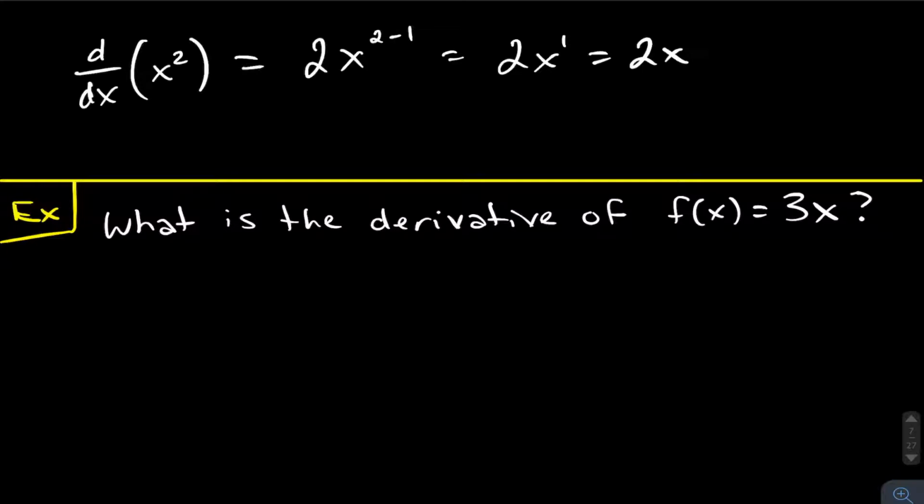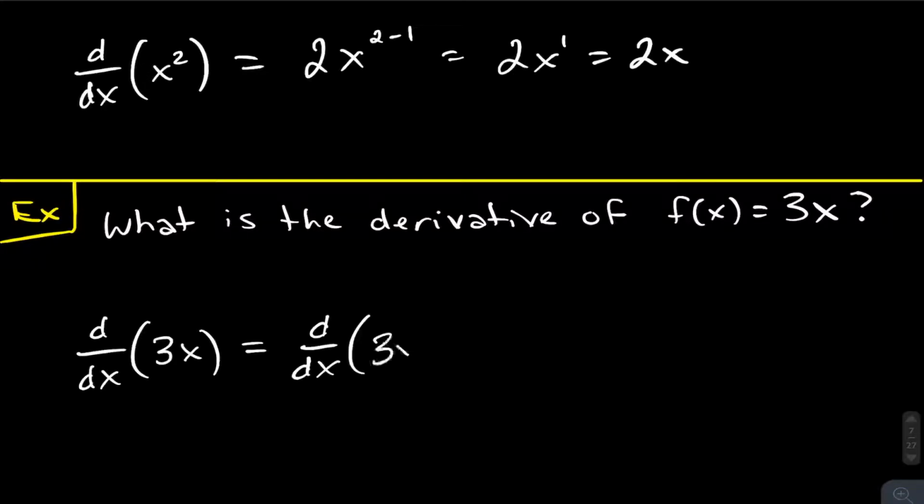We're taking the derivative with respect to x of 3x. Well, here, what's the power on x? Well, it's 1, right? It's the same thing as saying the derivative of 3x to the first power. And what we're going to do, the 3, that doesn't matter here. That's just going to be left alone.